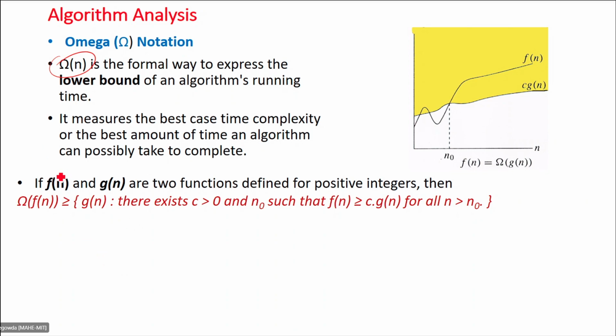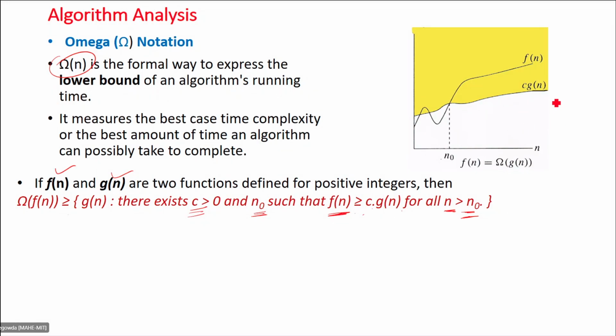Let us consider that f of n and g of n are two functions defined for positive integers. Then we can say that f of n is big omega of g of n if there exists a constant c greater than 0 and there exists a number n naught such that the growth of function f of n is greater than or equal to c into g of n for all values of n greater than or equal to n naught, and this is depicted in the figure here.